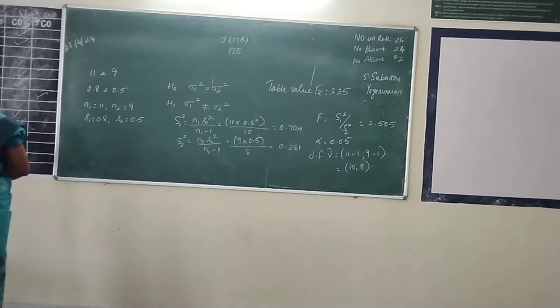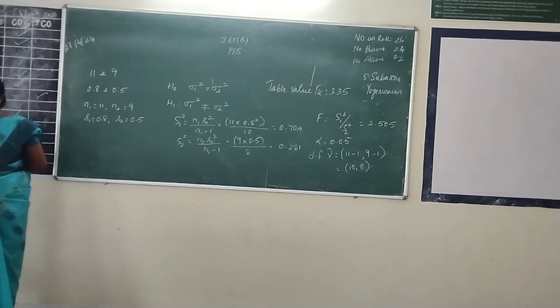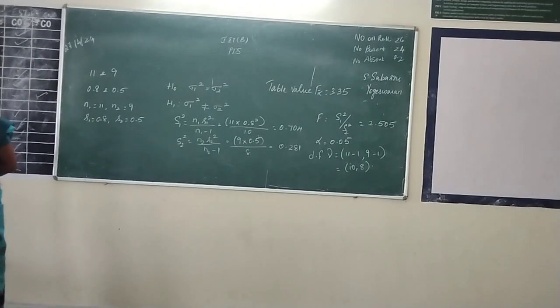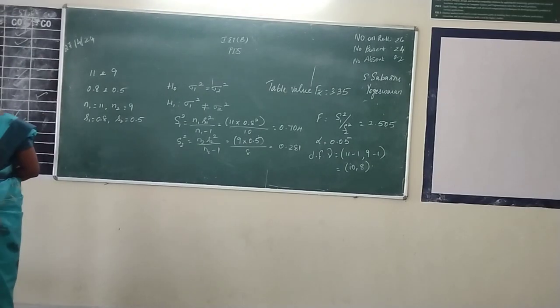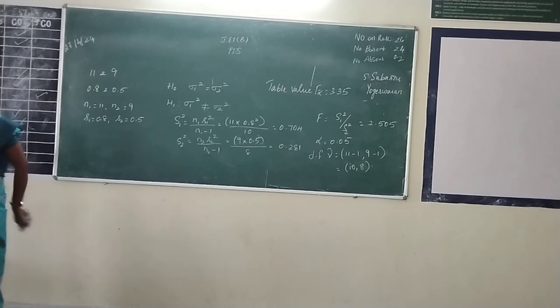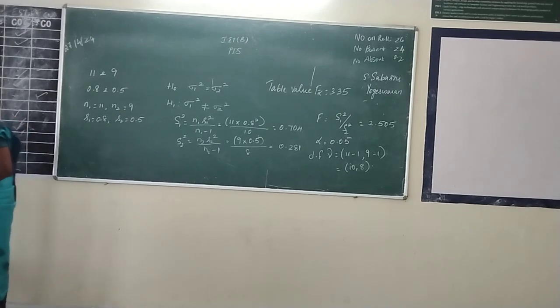No difference, because you are assuming that sigma1 square is equal to sigma2 square. So hence there is no significant difference between the true variances.